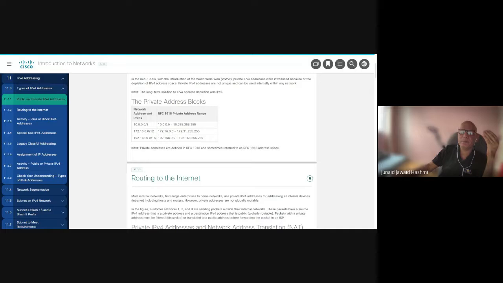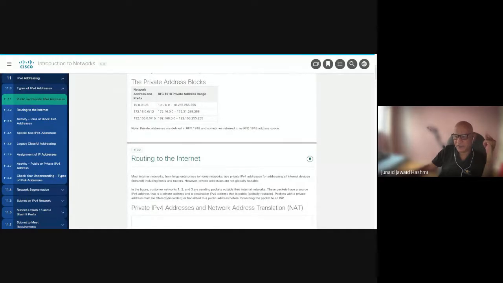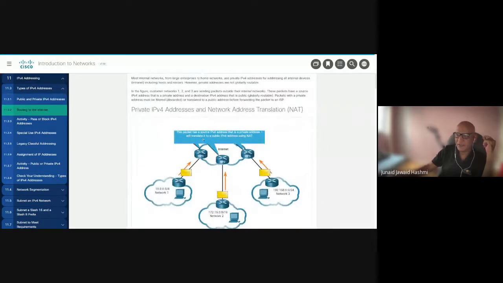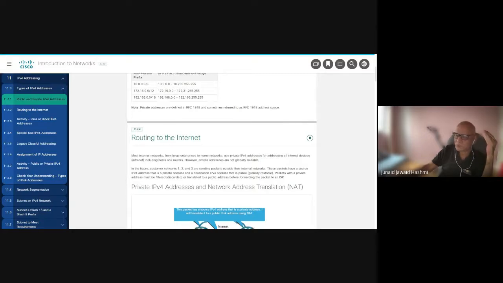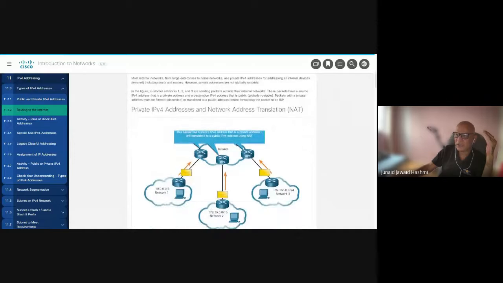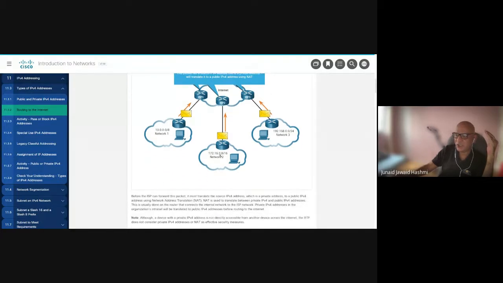But if you want to connect to the internet, you need at least one public IP address from the ISP. Since private IP addresses cannot be routed on the internet, because as soon as any internet router receives a private IP address, it discards it, you need a service called network address translation, which translates.